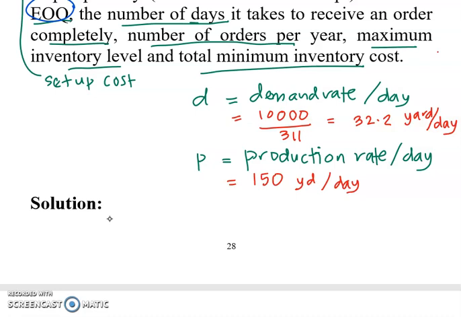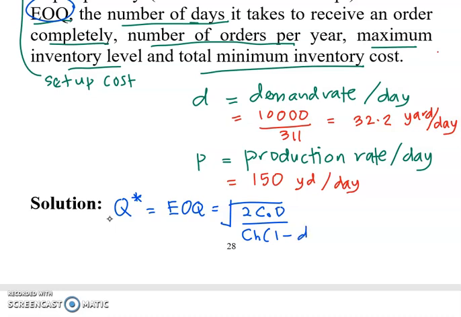Q optimal, or EOQ, basically these are the same, is the square root of 2 times the ordering cost times the annual demand, divided by the holding cost times 1 minus D over P.